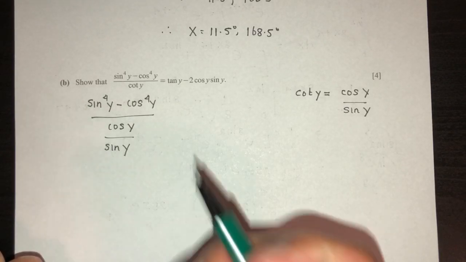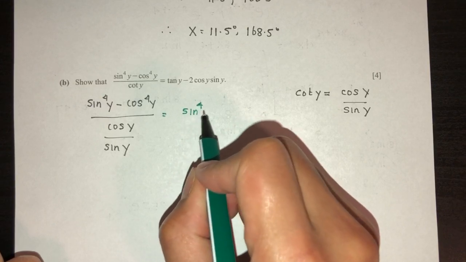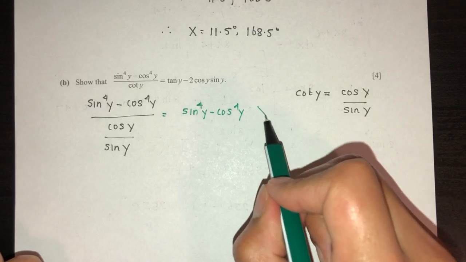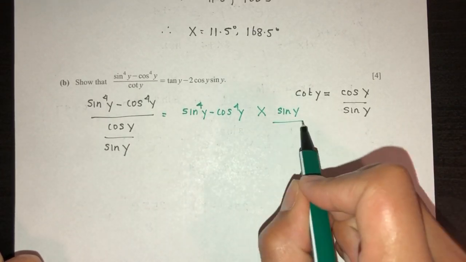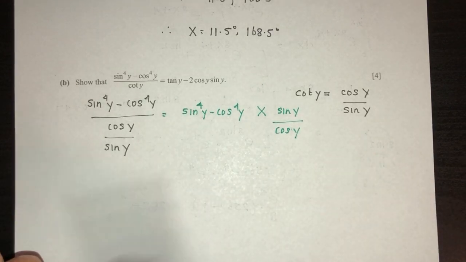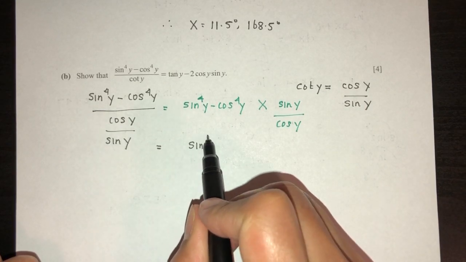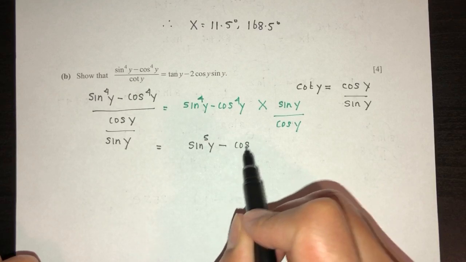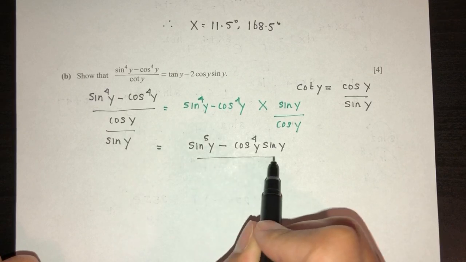Now this can be simplified to power 4y multiplied by, you have to flip this upside down, sin y over cos y. So let's see what you have: sine power 5y minus cos power 4y sin y over cos y.